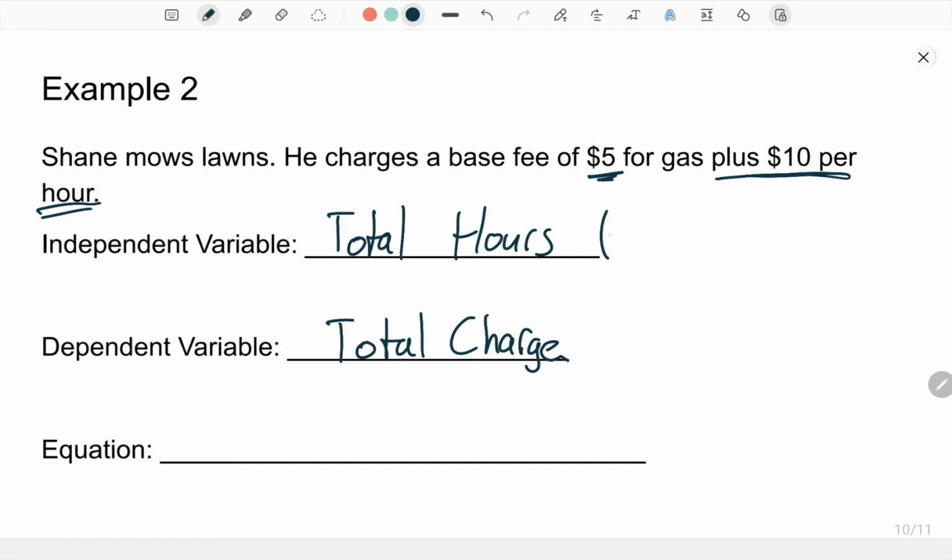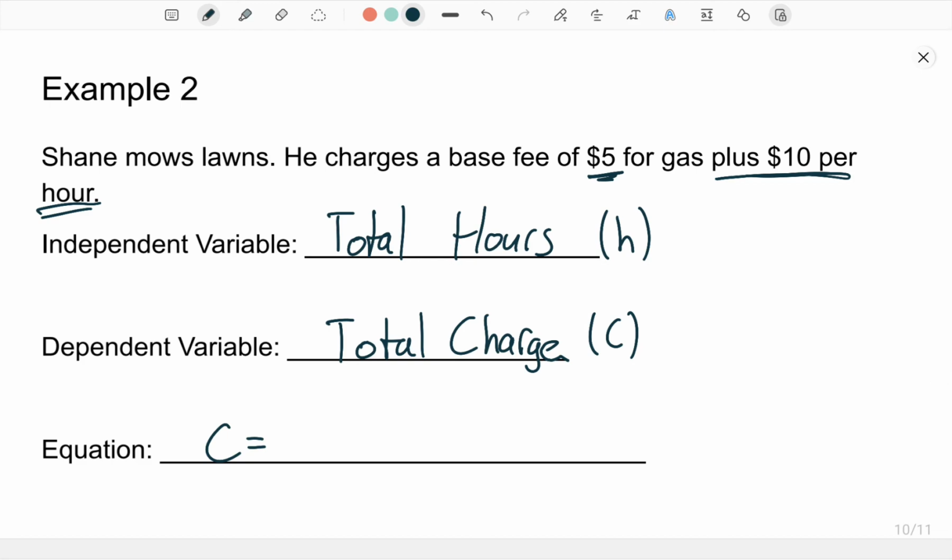Now let's make an equation. So I'm just going to quickly label these with some variables. I'm going to say total hours is H, total charge is C. So our equation: the dependent variable is always going to be the thing that's equal to something else because it depends on the other thing, and it's what we're calculating.